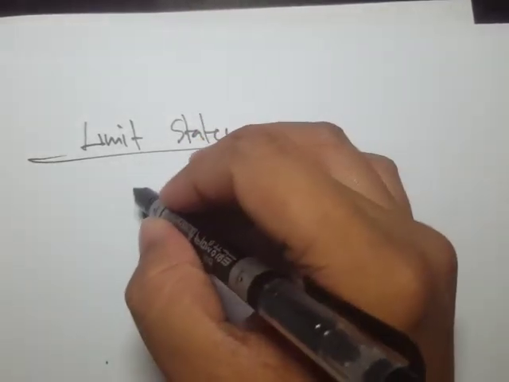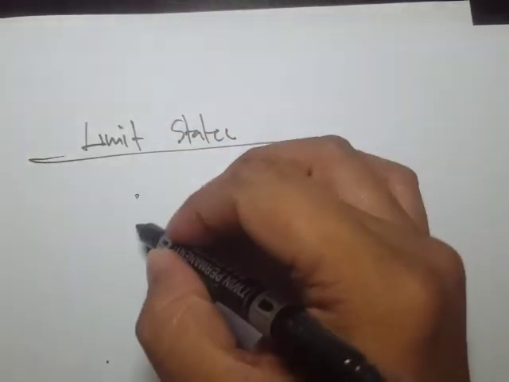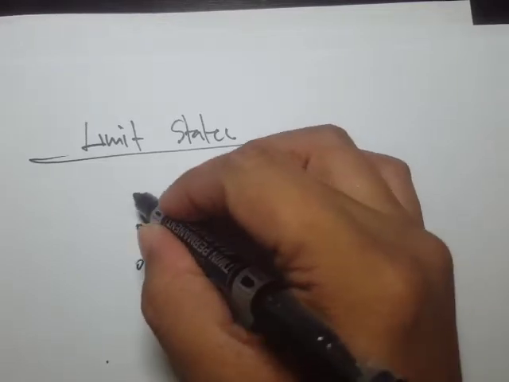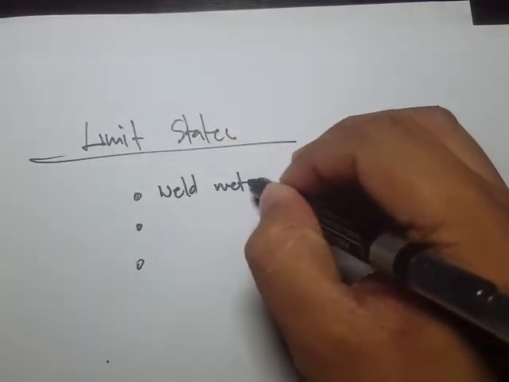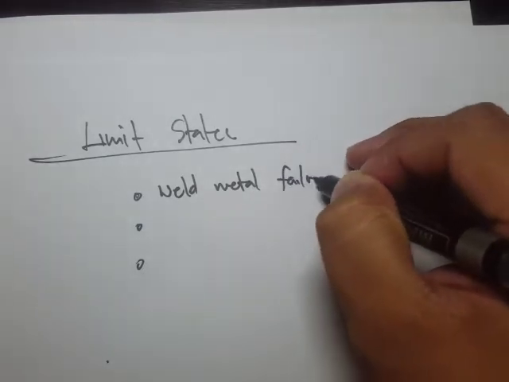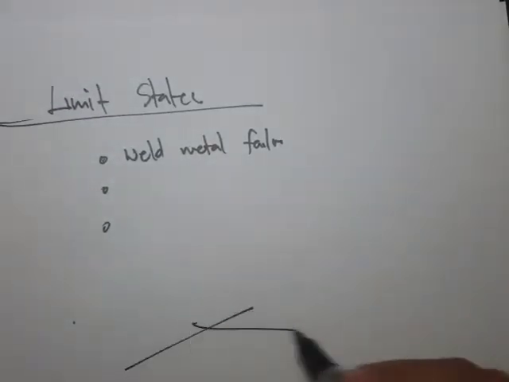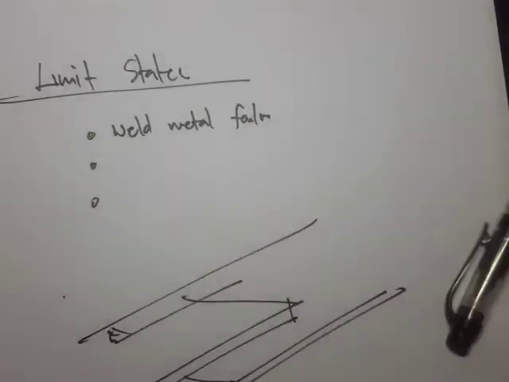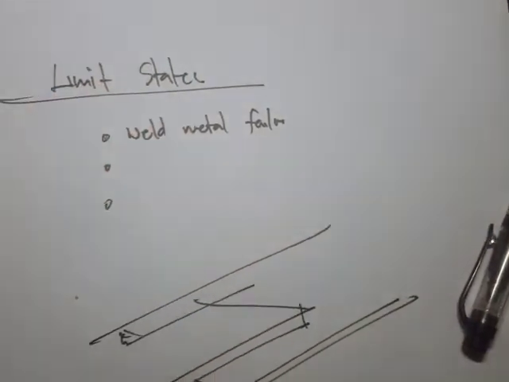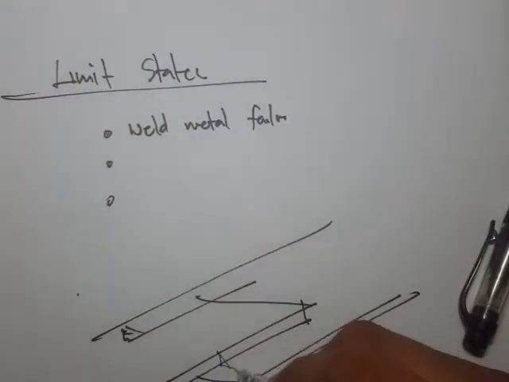And we actually have 3 limit states, which is the weld metal failure. So meaning that let's say we have this welded joint, and we have this fillet weld right here, for example.